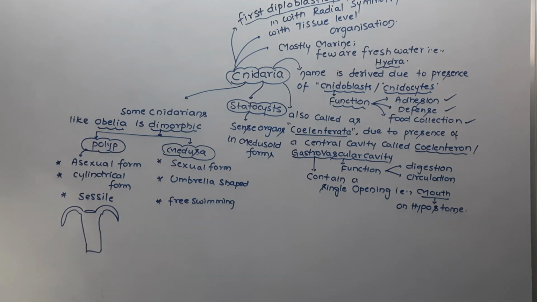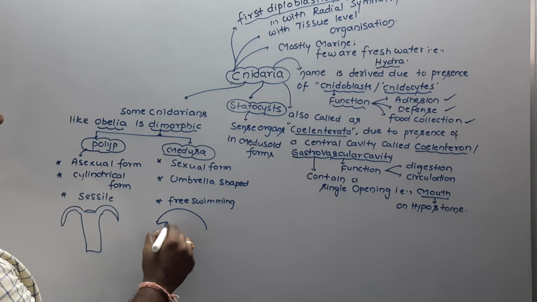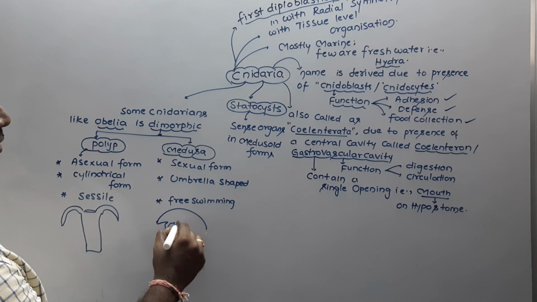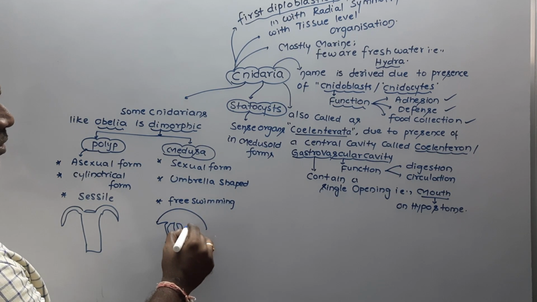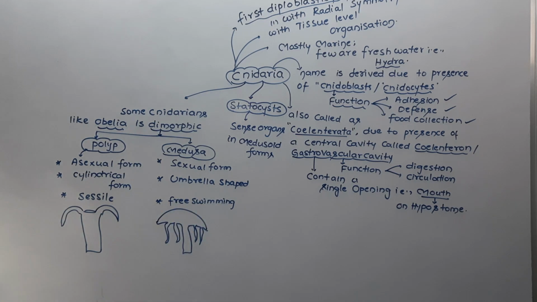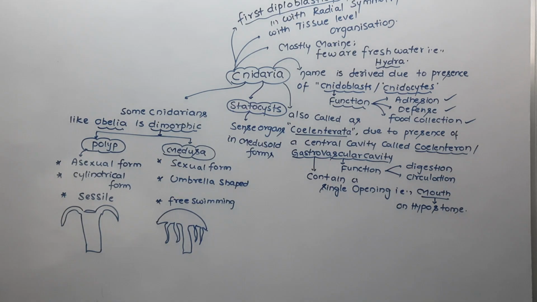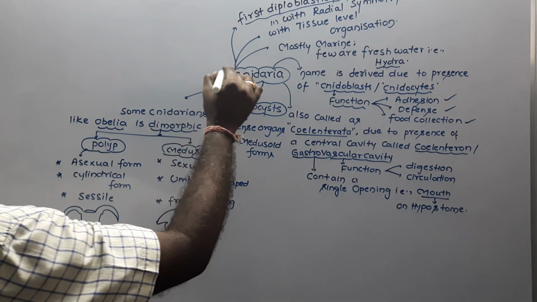This is the polyp form and this is the medusoid form, the umbrella shaped form. Like the jellyfishes which we have seen in marine water. Okay, right.